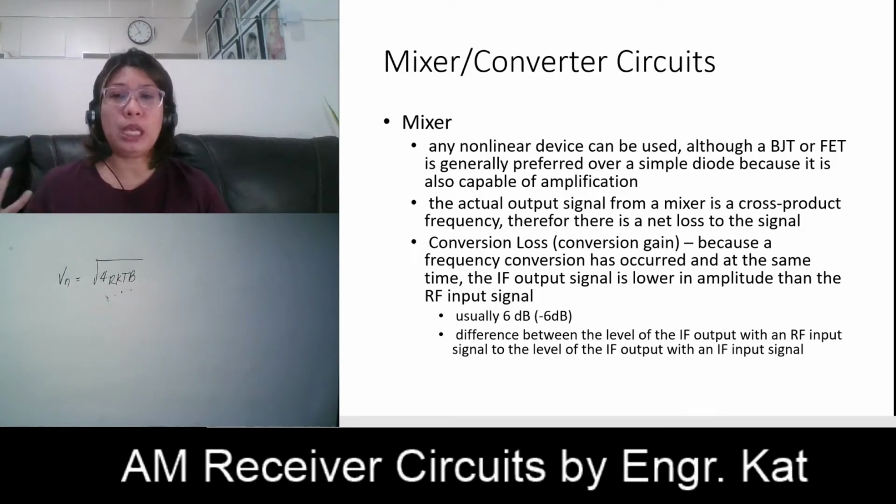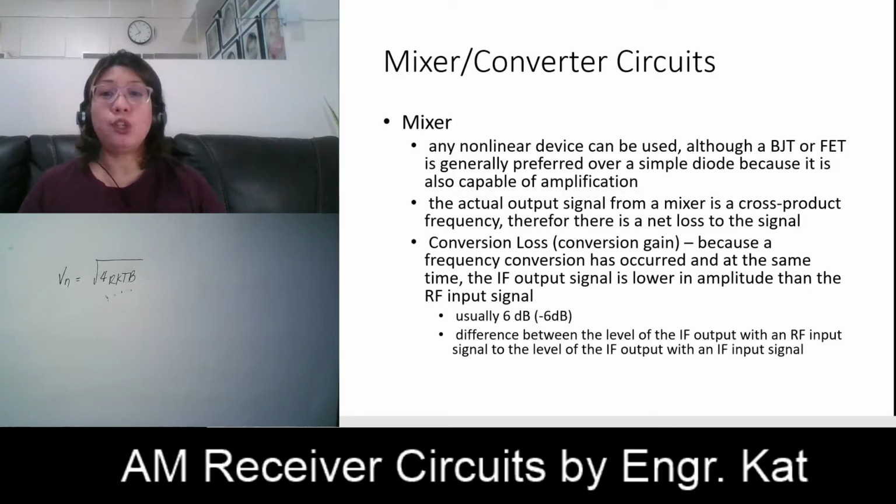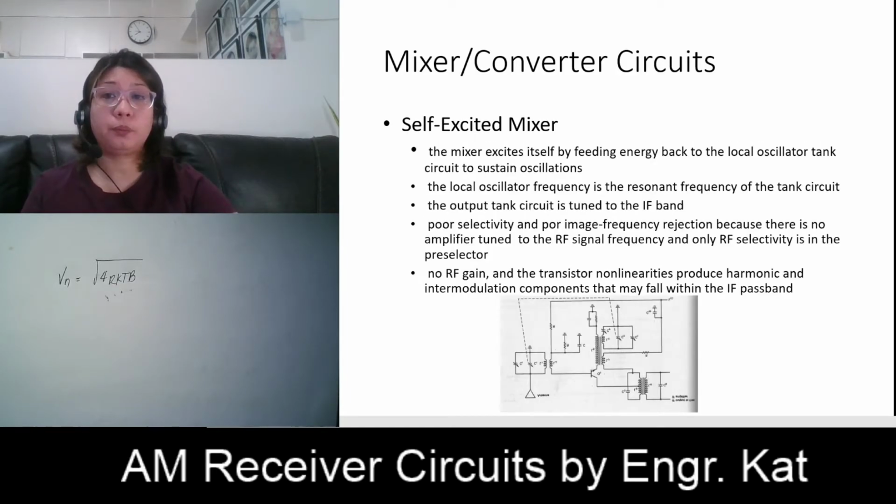Usually the conversion loss or conversion gain is 6 dB or negative 6 dB. This is the difference between the level of the intermediate frequency output with an RF input signal to the level of the IF output with an IF input signal.